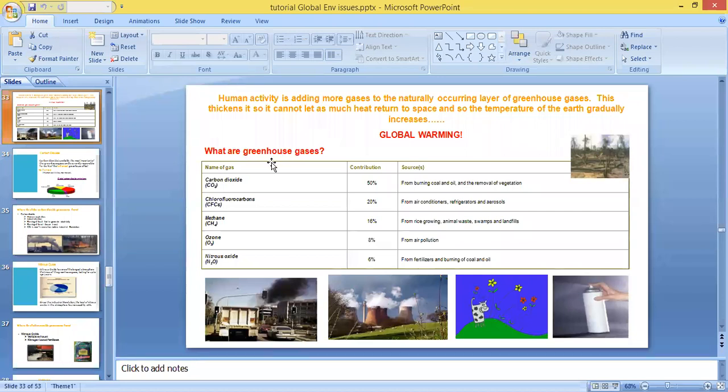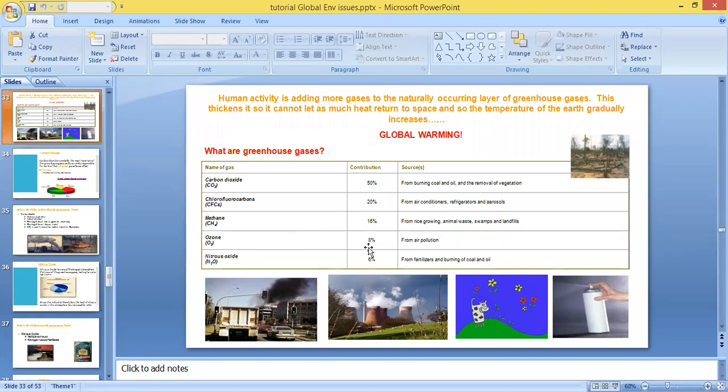So what are the greenhouse gases? CO2, roughly 50% contribution, from burning coal and oil and the removal of vegetation. CFC is contributing around 20%, from air conditioners and refrigerators. Methane is 16%, from rice growing, animal waste, swamps and landfills.